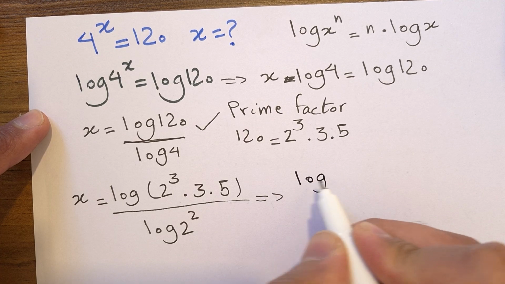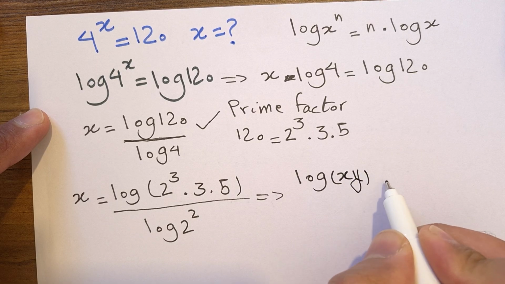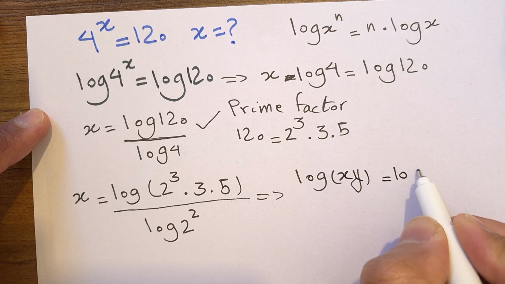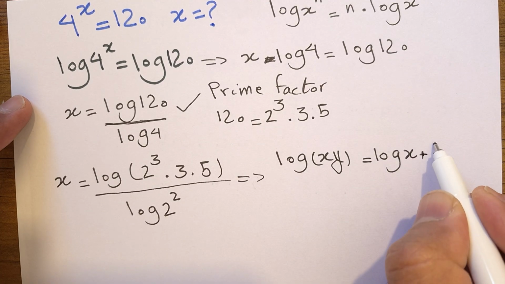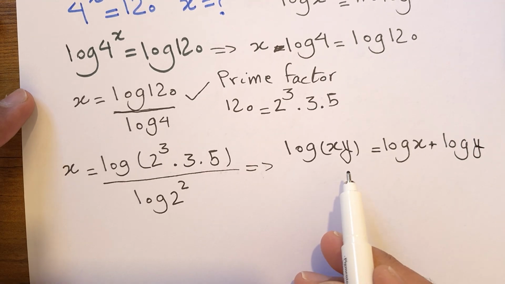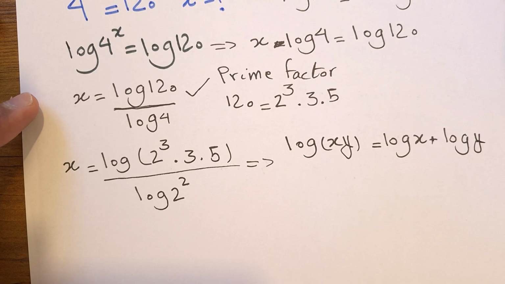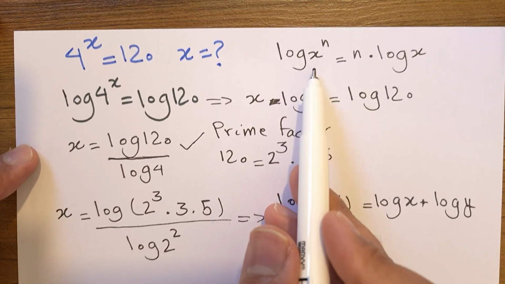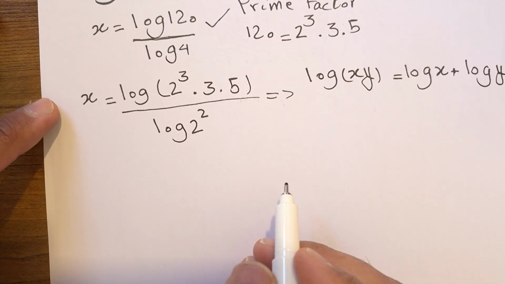Whenever we have such a form, for example, log xy, it equals log x plus log y. So log xy always equals log x plus log y. And then we had the power rule. So that was the power rule, and this is the product rule. So now let's just apply the rules here.